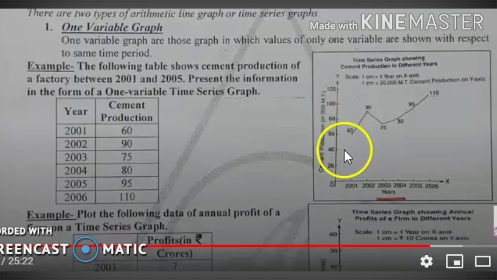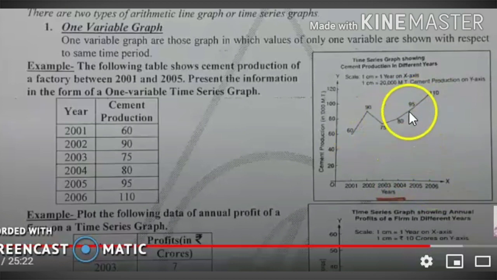Then from 2001, the corresponding value is 60. You can plot nearer to 60 as 60, and next is 90. For 2002 mark here 90, for 2003 mark here 75, for 2004 mark here 80, and for 2005 95, and 2006 110.